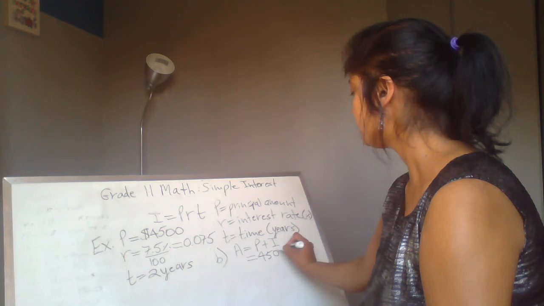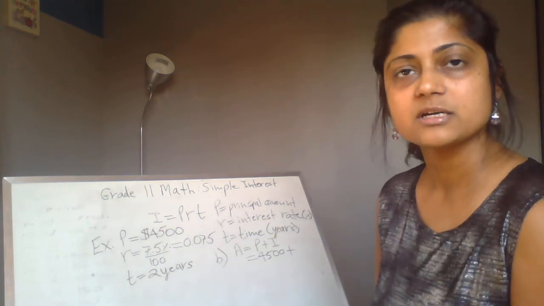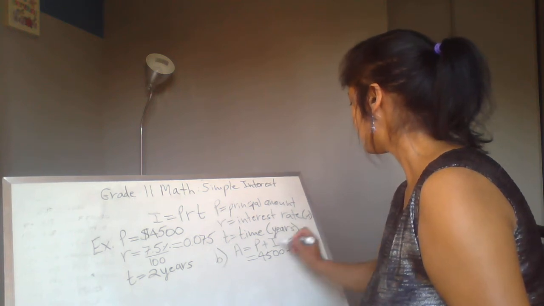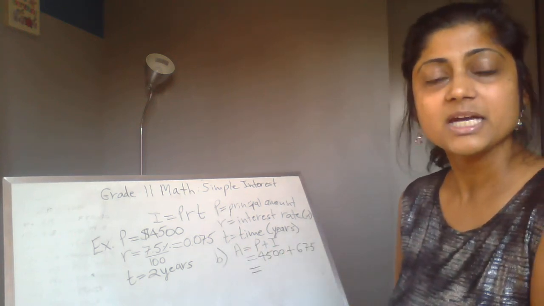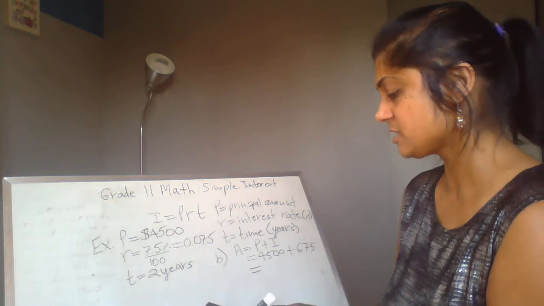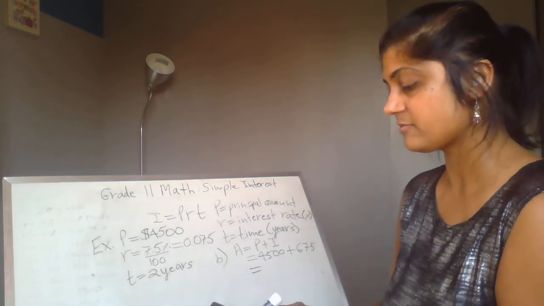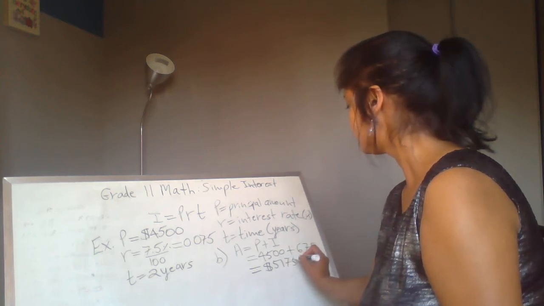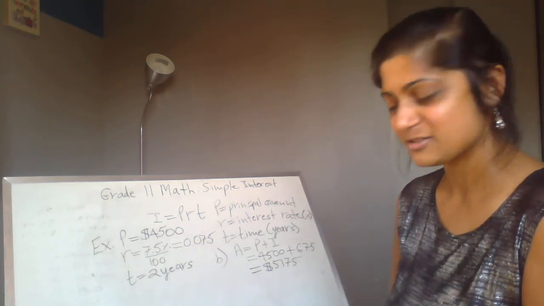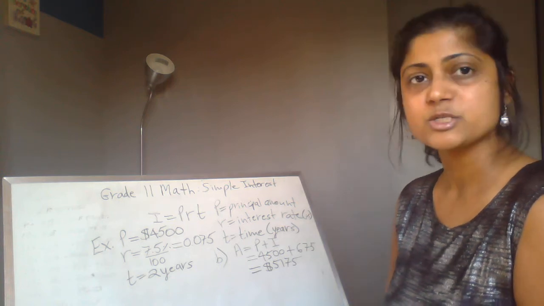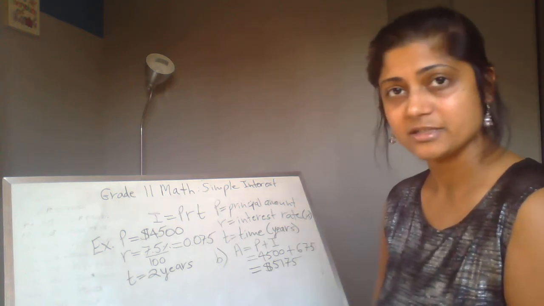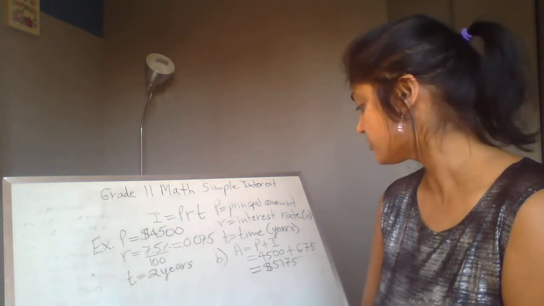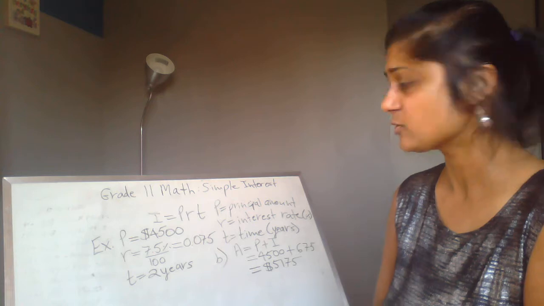We have 4,500, which is the value of P, and my interest was $675. I'm going to add these two numbers together. 4,500 plus 675 gives $5,175. This is how much money Kevin is going to have in his bank account at the end of the 2 years that he invested his money for.